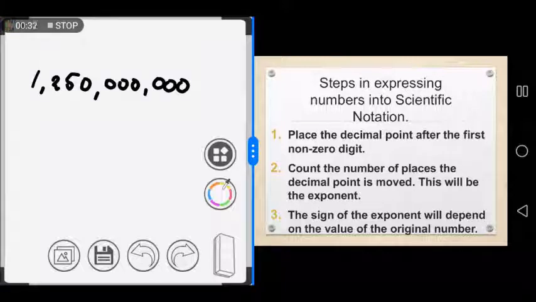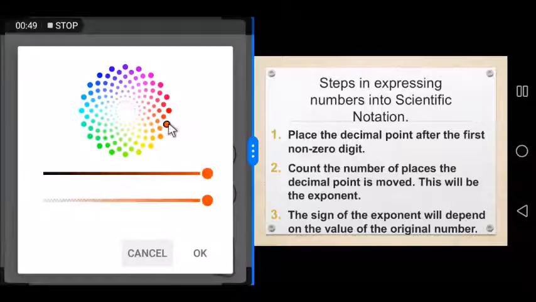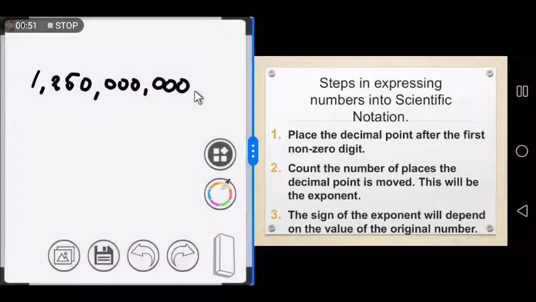So, if we're going to write this in scientific notation, the first step is to place the decimal point after the first non-zero digit. So, kung siya po ay isang whole number, automatically alam na natin na ang original place ng atin pong decimal point ay nandito sa dulo, 'di ba?